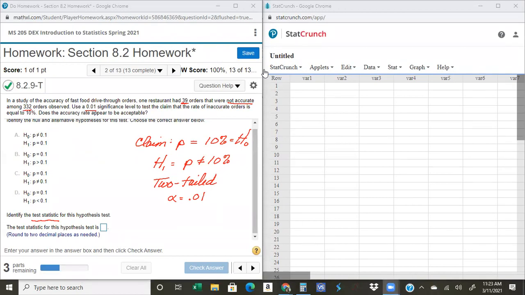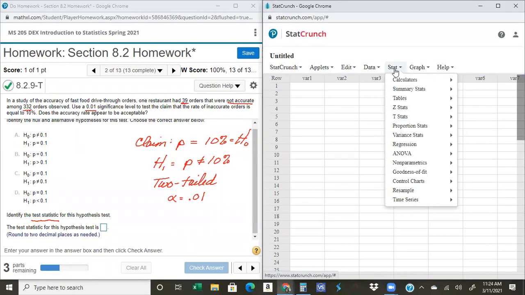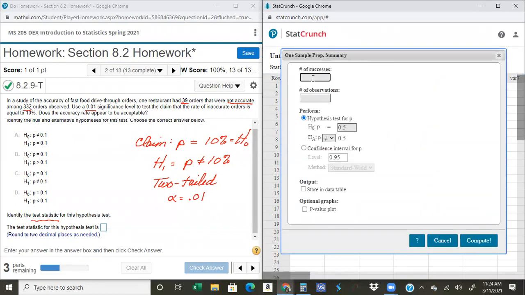So to do this in StatCrunch, we'll go to Stat, Proportion Stats, One Sample, With Summary, the number of successes. Again, if that's not given in the problem, you're going to have to take your percentage of N and work backwards to get that, simply because this is the way that StatCrunch is set up to take it.